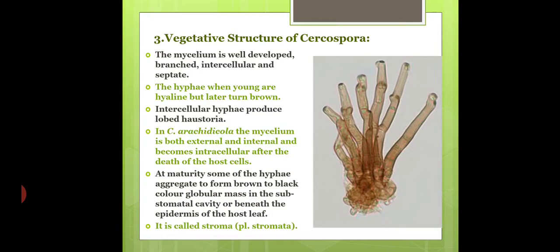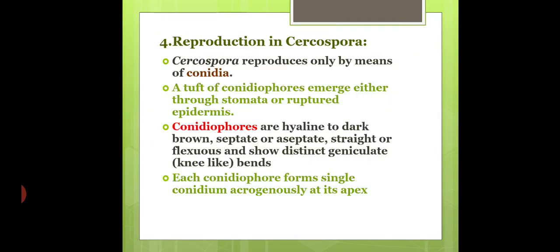Stroma is a common term which is used for Sphaeria stroma, remember. A pseudoparenchymatous structure developed by the mycelium is generally called stroma. So here also we can use the term stroma, but it is microscopic of course.